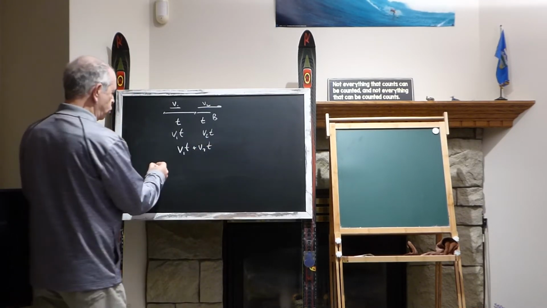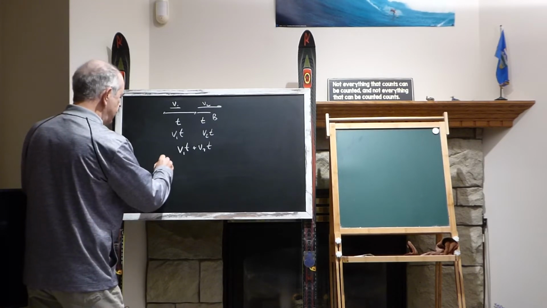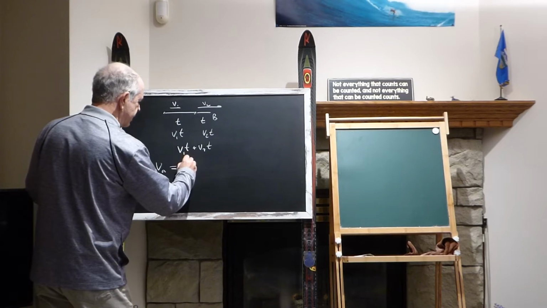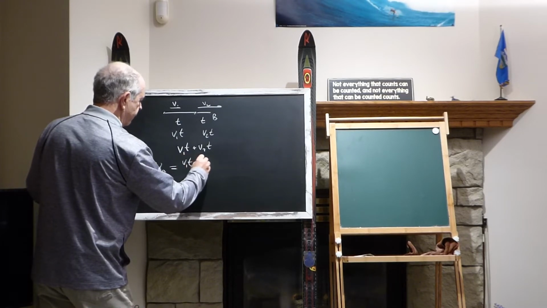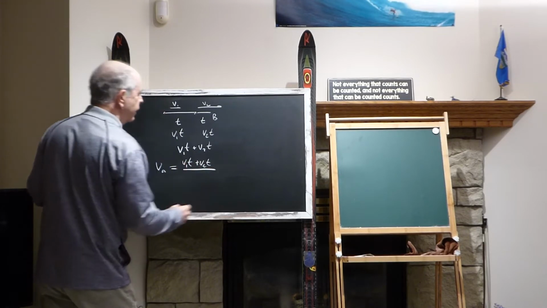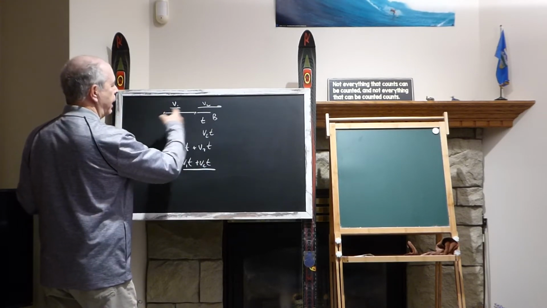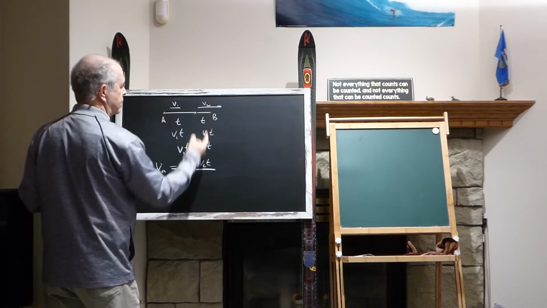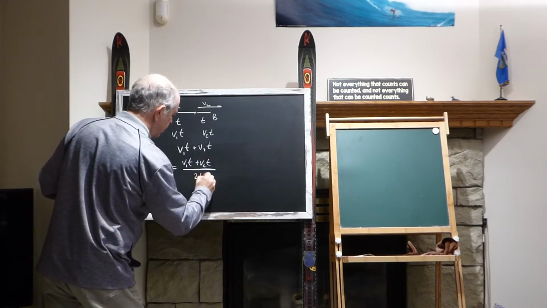And if we want to find the average speed, we have v average equals this distance, and we have to divide it by the total time from A to B. And this is t and this is t. So total time is 2t.